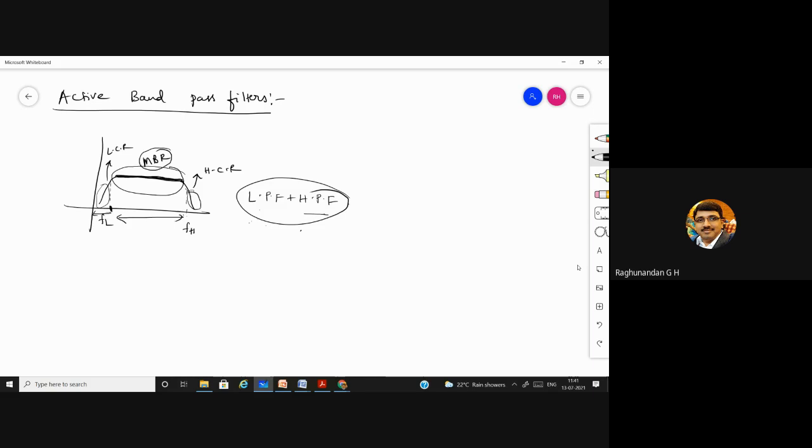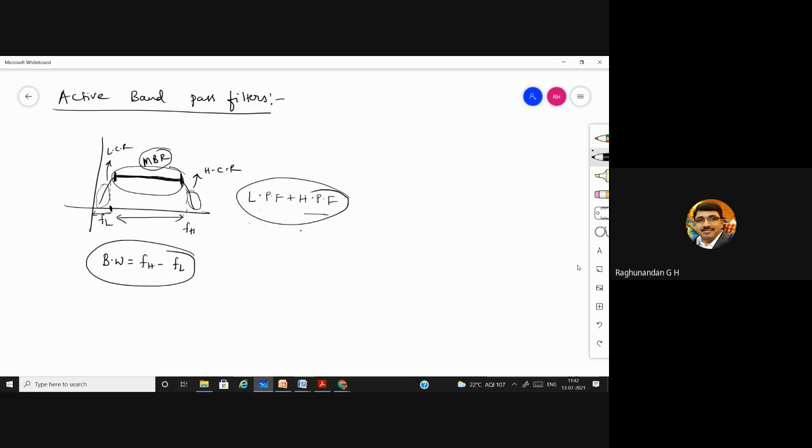That is where bandwidth comes into the picture. What is bandwidth? FH minus FL gives you the bandwidth. We will be transmitting the signal in these frequencies, then we'll be getting good quality of signal.